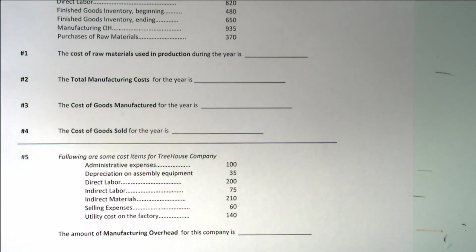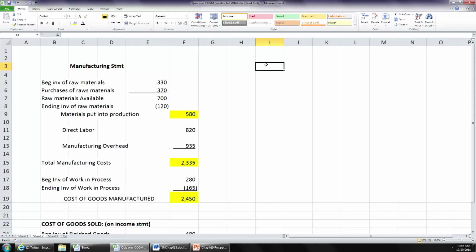Okay, let's go over it. Let's take a look at this. Take a look at that quick and dirty manufacturing statement that I did. Those are the first 3 things I asked for, right?